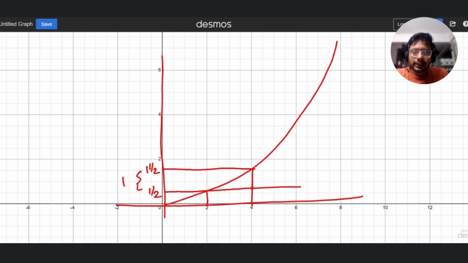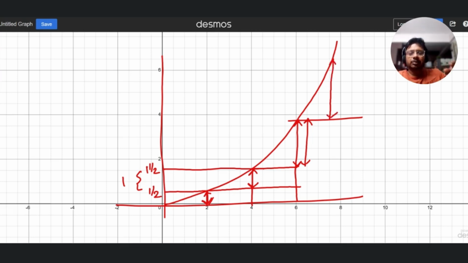Then 4 to 6 seconds. In 4 to 6 seconds, it increases by this much. If I just darken it, 0 to 2 seconds, it's increasing by this much. In 2 to 4 seconds, it's increasing by this much. In 6 to 8, it is increasing by this much, and then further by this much.